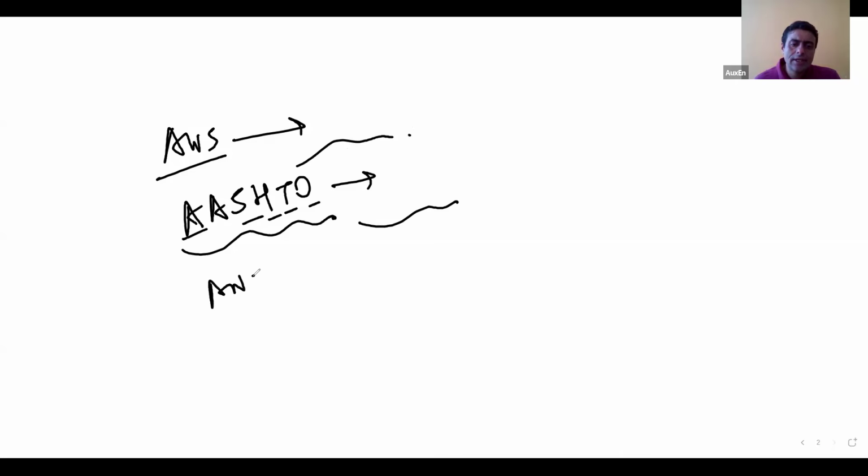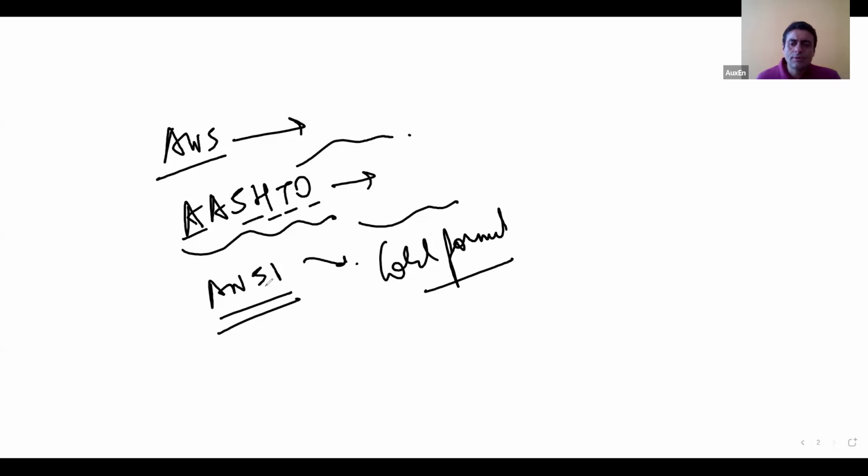Then there is this ANSI. I'm forgetting its full form, but I think this organization brings out the cold-formed design codes. So the cold-formed design standards are brought out by ANSI, if I remember it.